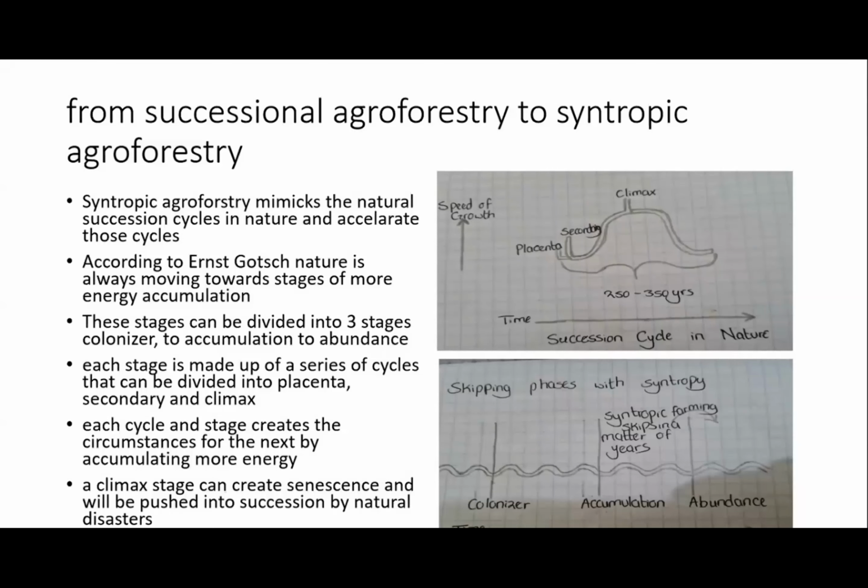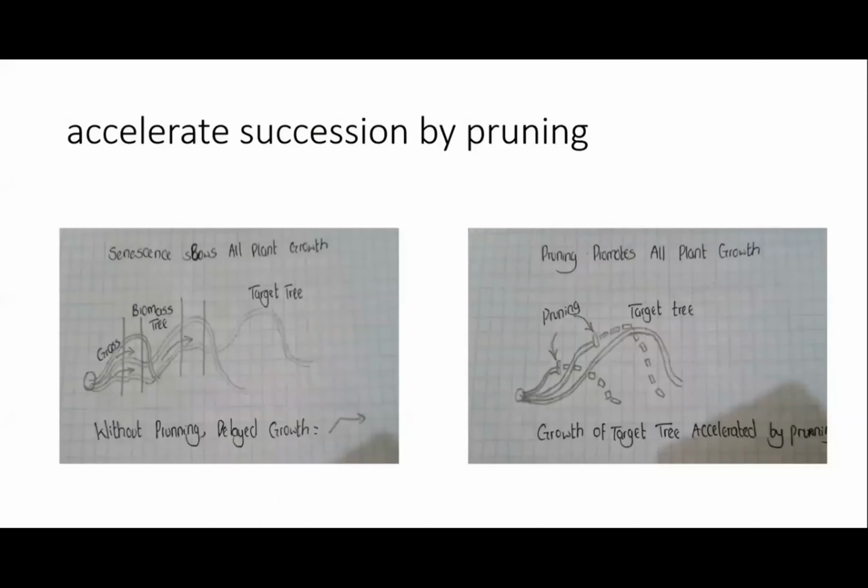You can think of storms, lightning, fire, floodings, earthquakes. And we do it in this case by pruning. But pruning is our controlled form of destruction that pushes the system into more abundance, into the next phases. So we really skip a lot of phases by pruning.